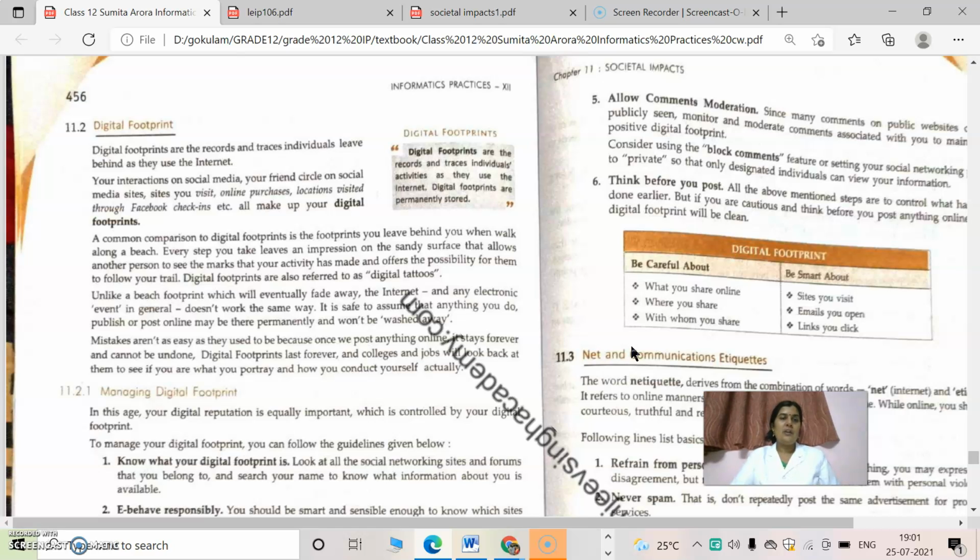They are the records and traces individuals leave behind as they use the internet. When we are using the internet, some data is left, and if the next person comes, he can see some information about us, which is known as a digital footprint.